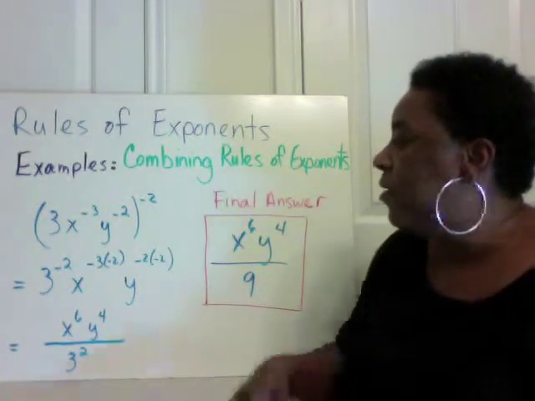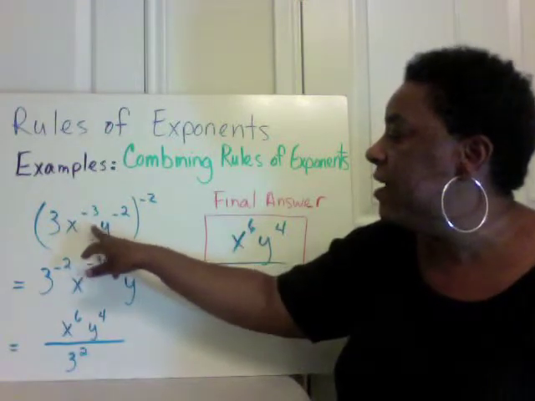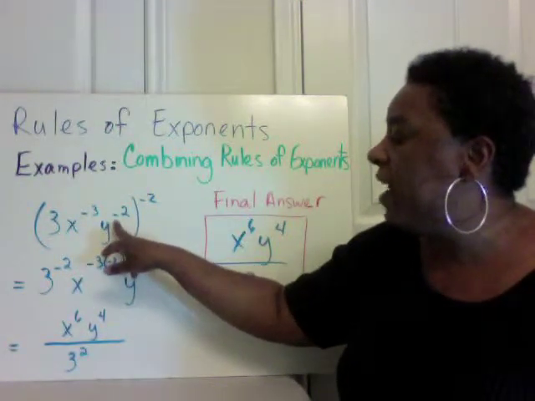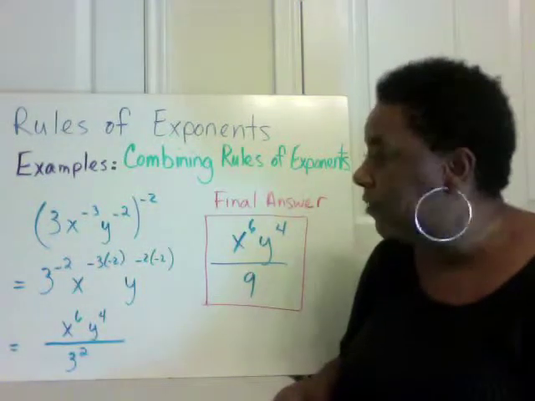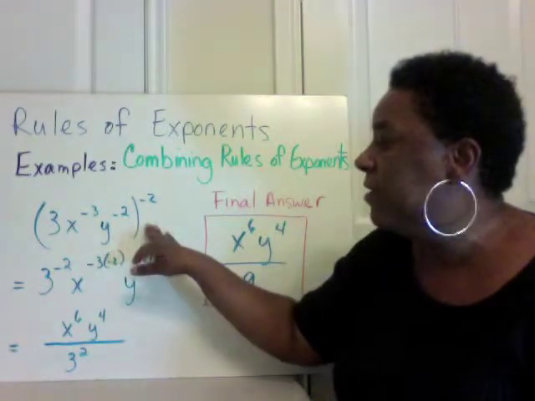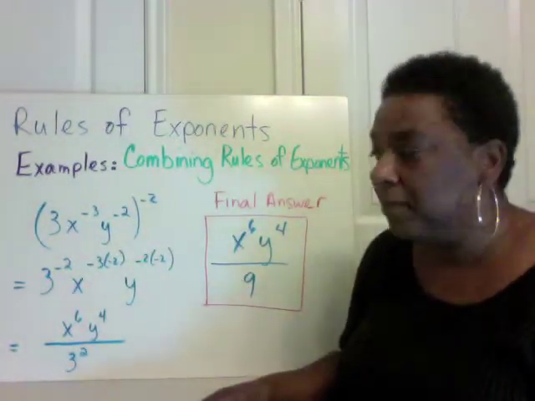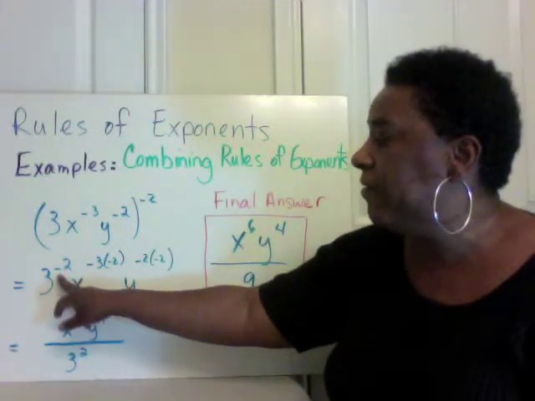Now in this example, we have 3 times x to the power of negative 3 times y to the power of negative 2, all raised to the power of negative 2. So first we'll distribute this exponent to each one of our elements inside the parentheses. So we have 3 raised to the power of negative 2.